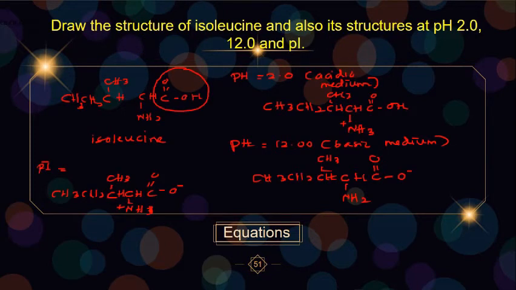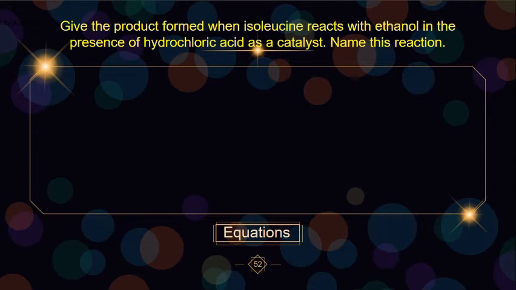So the next question: give the product formed when isoleucine reacts with ethanol. We take our isoleucine from earlier: CH3, CH2, C with a CH3 on top, CH, C with NH2, and another C double bond O OH.